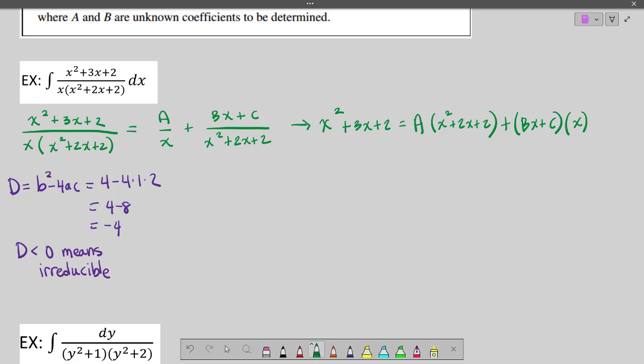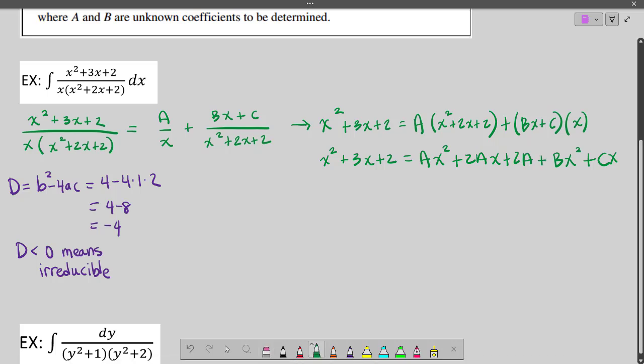So I think it's just easier to go for that right away. Let's just not try to do a hybrid thing. Let's just multiply this all out and go with the traditional method. So that we have that, and let's set up our system.